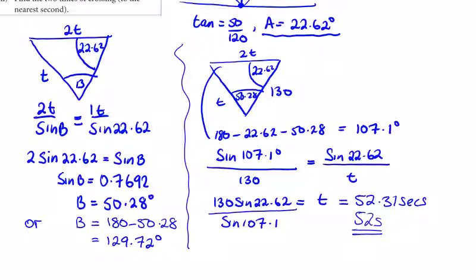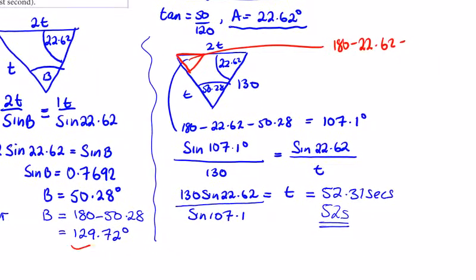Scenario 1 and scenario 2, we would have to replace the 107 with this angle, which is going to be 180 minus 22.62, which is steady, and then minus, instead of 50.28, we have 129.72. So it's going to give me this new angle, which is 27.66 degrees.